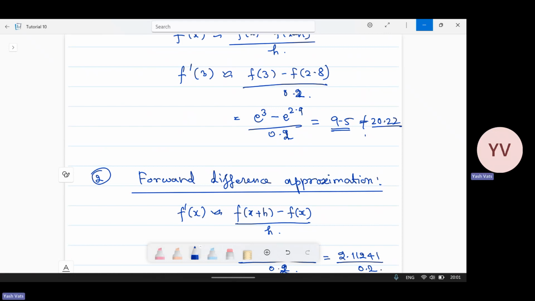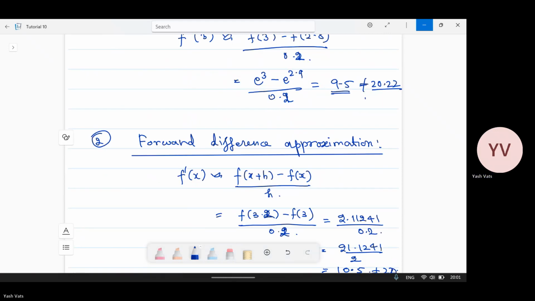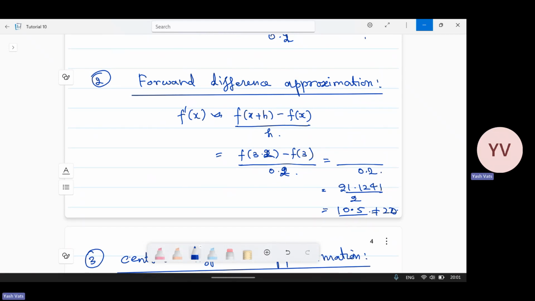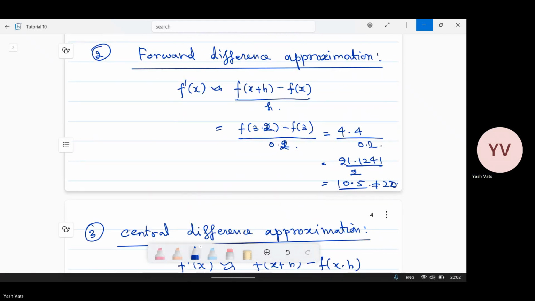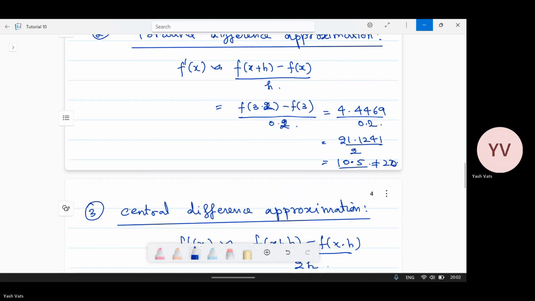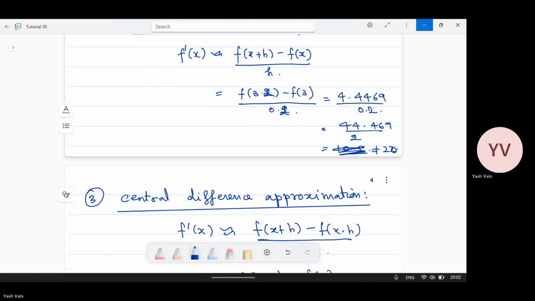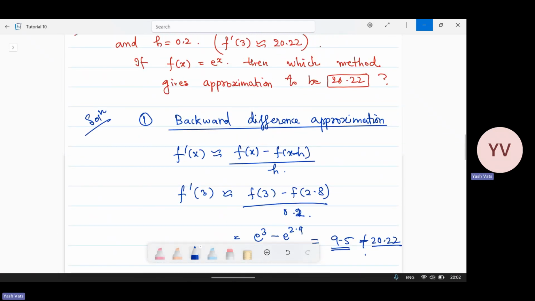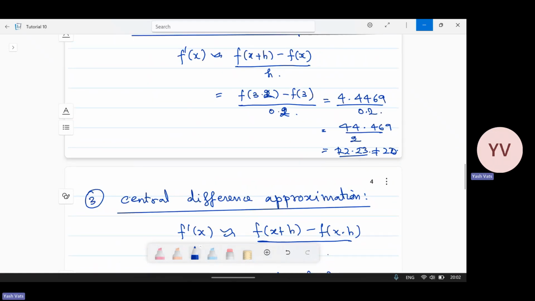So it's basically 4.4469. This is basically 22.23. 22.23 is not same as 20 point something. So it's not better.